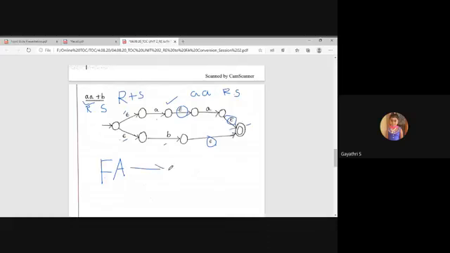Post your answer. Okay, Rakesh, the answer RIJ. Yes, okay. One of the method RIJ, and state elimination method.